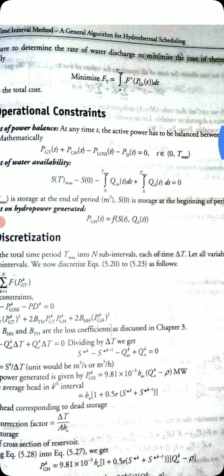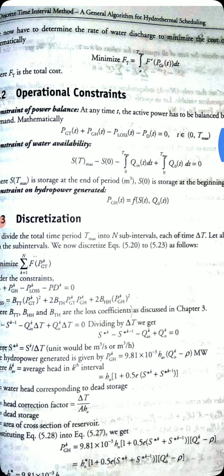So this is the constraint of water availability. Then the constraint on hydro power generated: P_GH of t, the power generated using the hydro plant in time t, is a function of water storage and water outflow. This is the main thing.